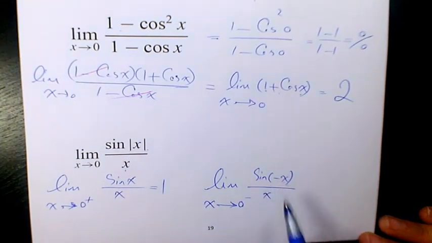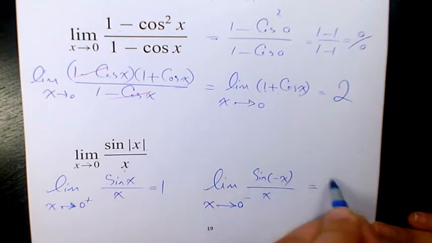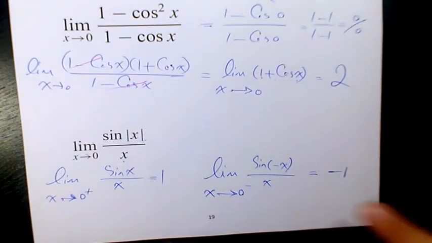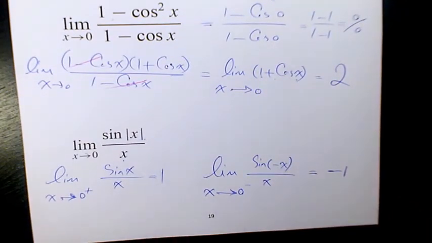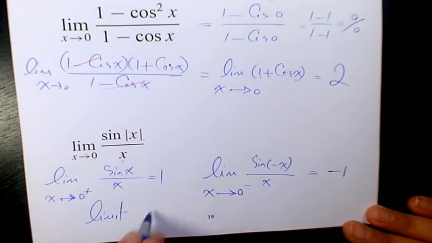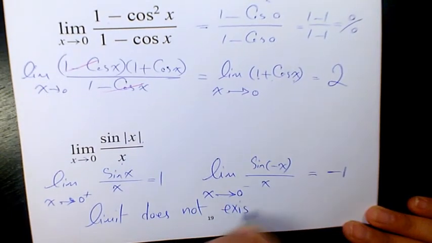Sine negative x is the same as negative sine x. So in that case, it's going to be negative sine x over x, which is going to be negative 1. As you see here, on two sides of zero, we have two different numbers. So we can say the limit does not exist.